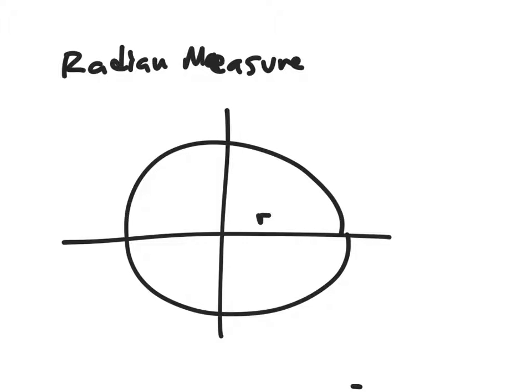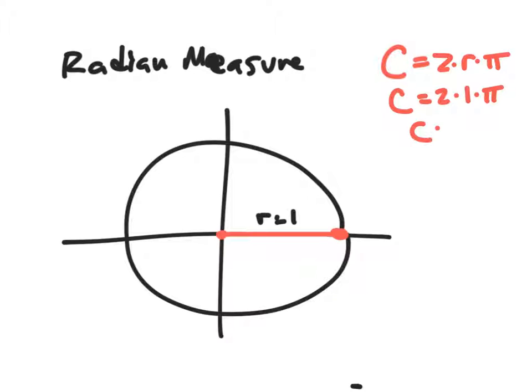Let's have the radius be 1. Remember, radian measure is more of a measure of arc length. If I find the circumference of this circle with radius 1 using 2 times your radius times pi, you get 2 times 1 times pi, so your circumference is 2 pi.